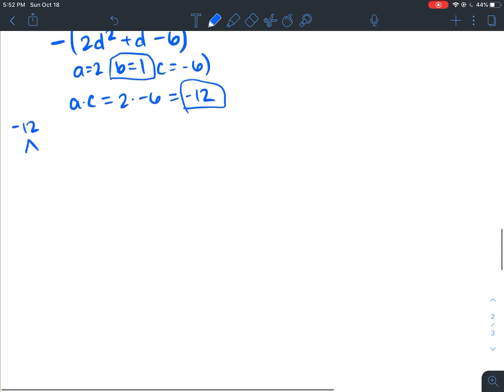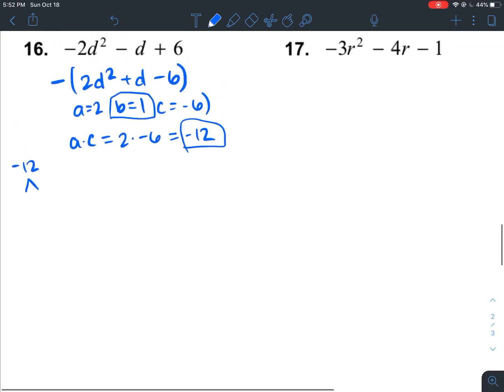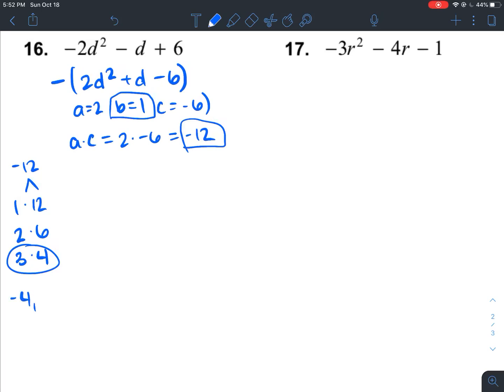So if we take factors of 12, we have 1 times 12, 2 times 6, 3 times 4. Now, which two of these numbers multiply to be negative 12 and add to be 1? So they would have to be negative 4, positive 3. So rewrite everything, keeping in mind that we have the negative outside.